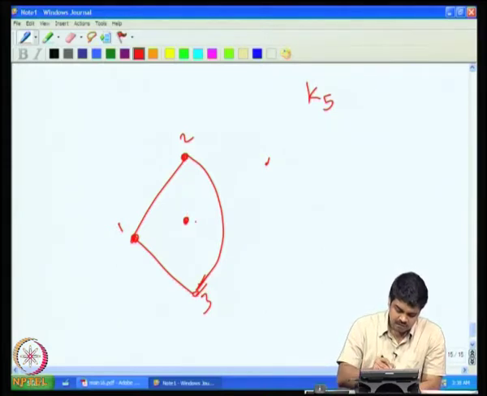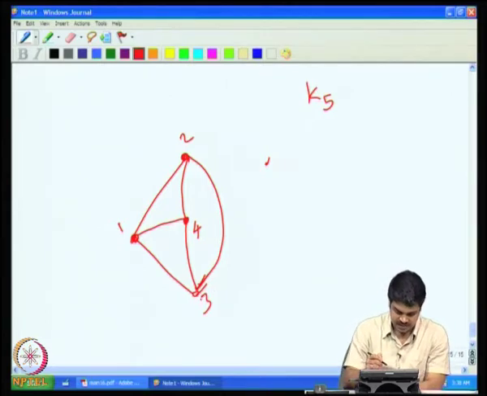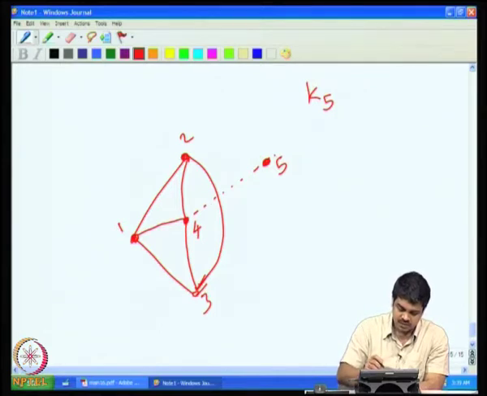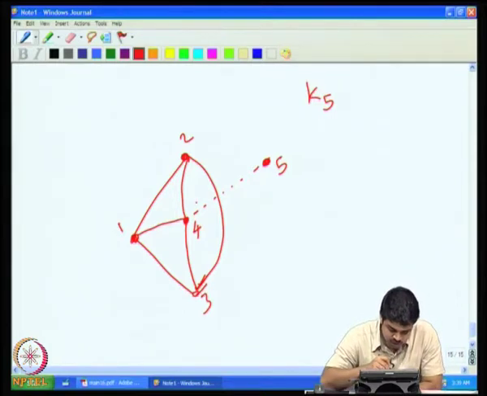Then 4. Because these connections are there, it will divide the inner region into 3 triangles again. Where can 5 be now? If the 5th node is outside, then how will I connect 4 and 5? It will have to cross, right. So it has to be inside. Now if it is inside, you can see that it should be in one of these triangles.